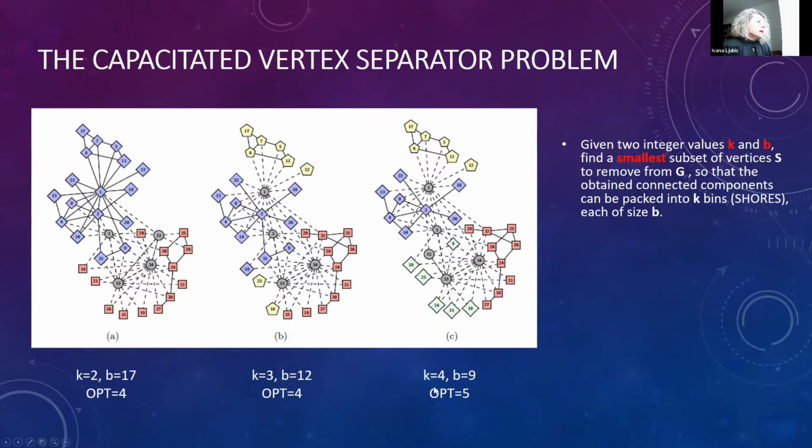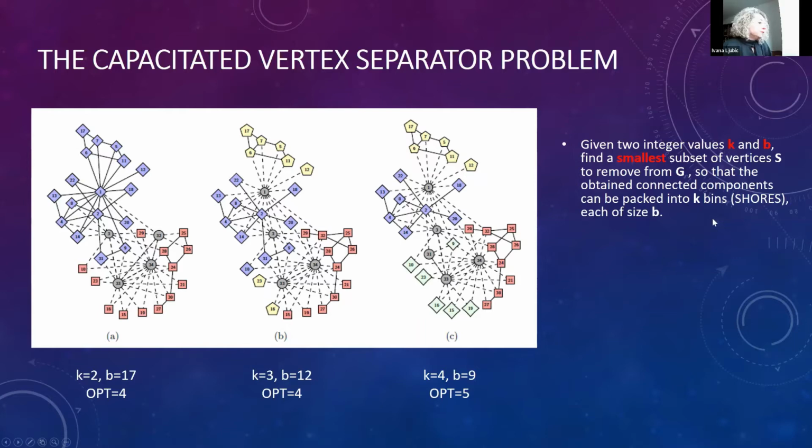Also here, if we are given 4 bins and each of capacity 9, then you can see we only need 1 more vertex and we will still be able to pack them. The color code here represents 1 bin with the packing. So we have this component plus an isolated vertex and so on. The bins, I will sometimes refer to them as shores.